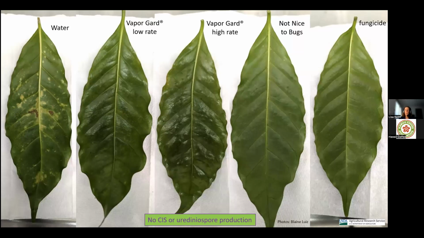We didn't really observe any kind of phyto effect, and it does show some potential. This is just the early stages. More work is to be done, but at least it shows some promise that other things can be added to the arsenal for control of CLR.